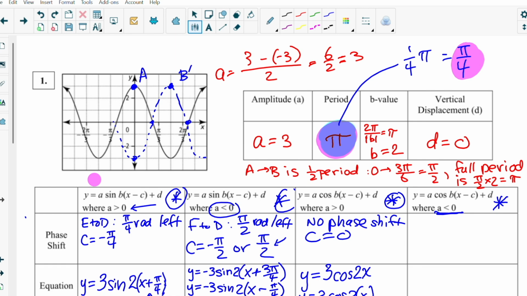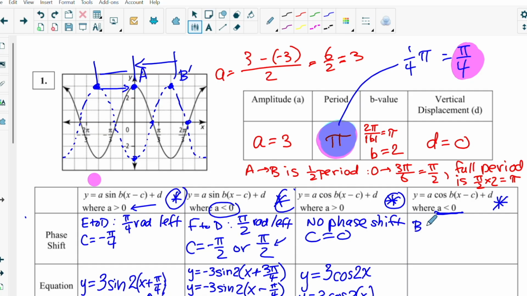When I do that, I need to go this way. But you know from reflecting, we can either go this way to the left, or I can pick this point and go to the right, right? So there's two ways we can do it.